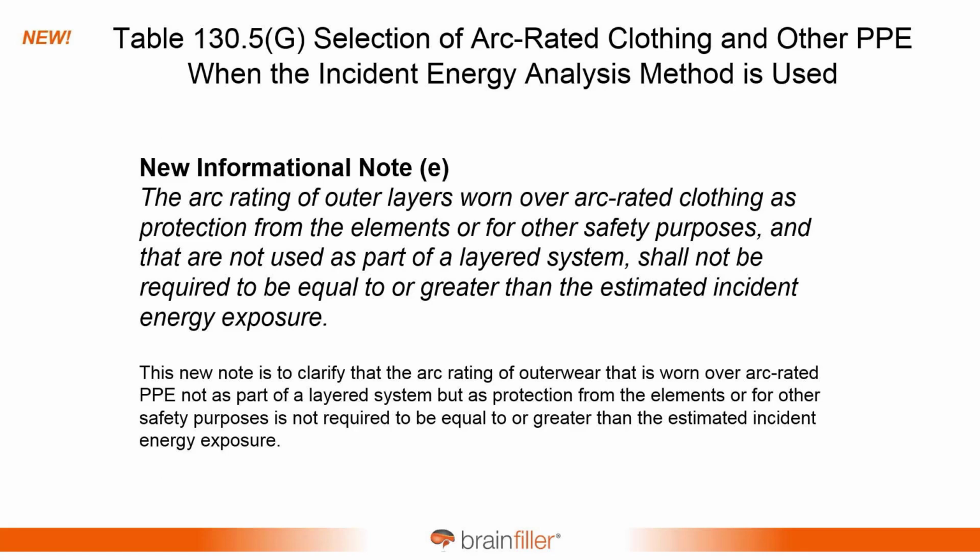It answered a question that many people had, and that is if you wear protection from the elements or safety equipment such as a high-vis vest, the arc rating of outer layers worn over arc-rated clothing from protection from the elements or for other safety purposes, as I said, like a high-vis vest, if it's not part of a layered system, it doesn't have to have an arc rating equal to the estimated incident energy exposure.